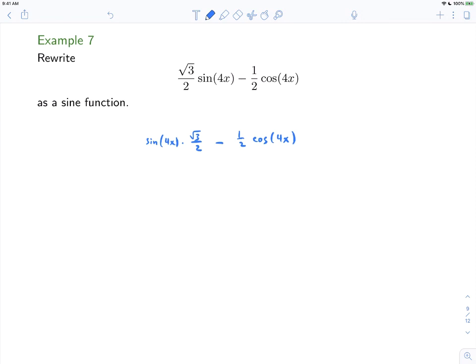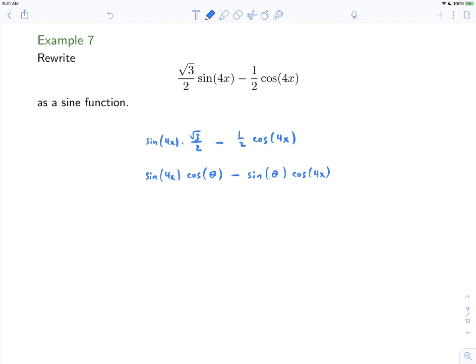So in other words, I want to write this as sine of 4x times cosine of something, let's just call it theta, minus sine of theta times cosine of 4x. So if we write it like this, it has the form of the difference formula for sine.